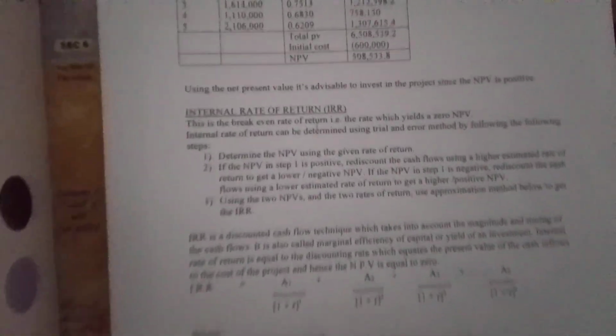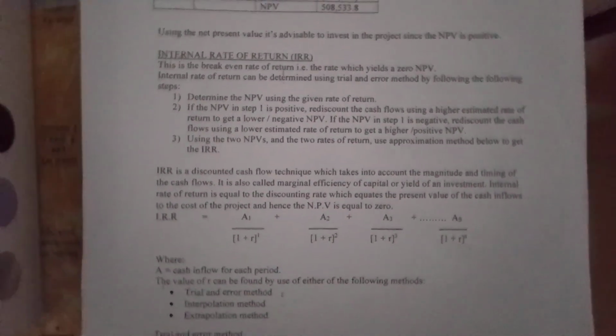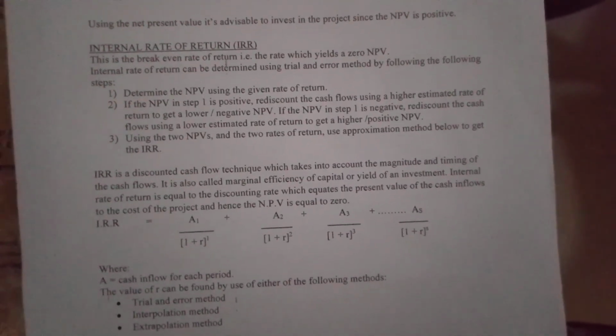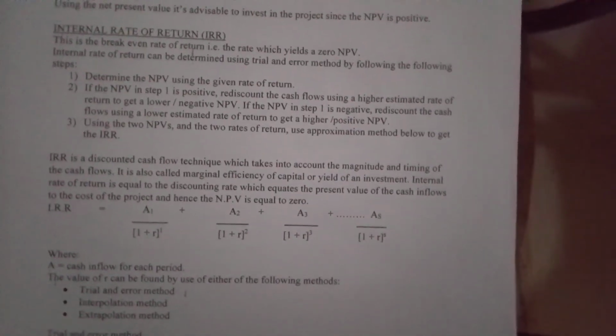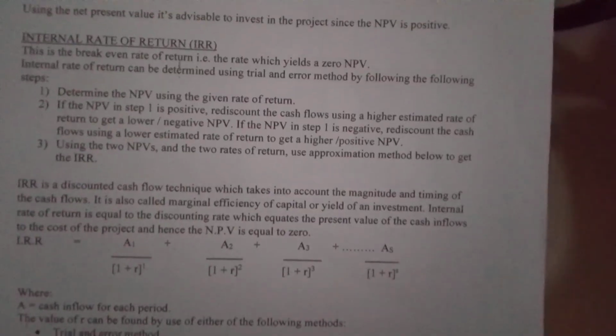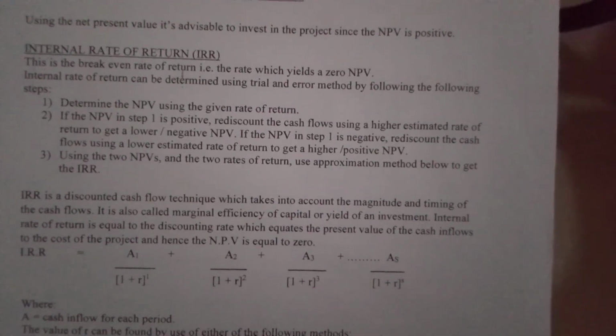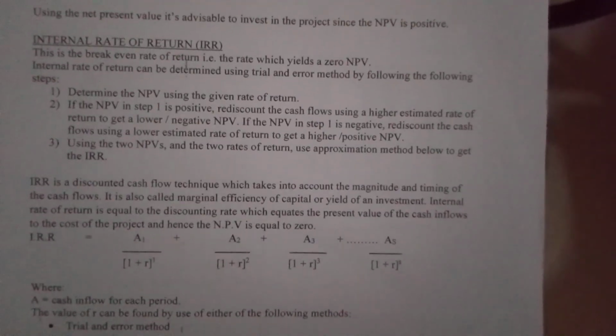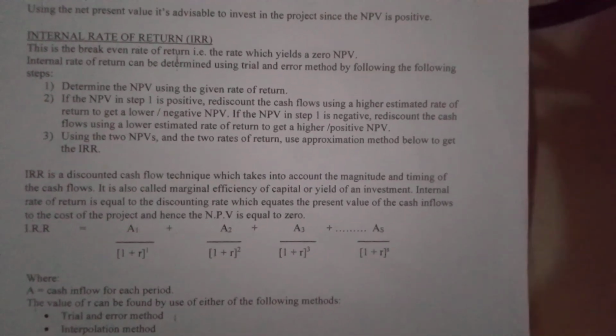Down there you can see in our notes, we said that internal rate of return is the break-even rate of return, i.e. the rate which yields a zero net present value.